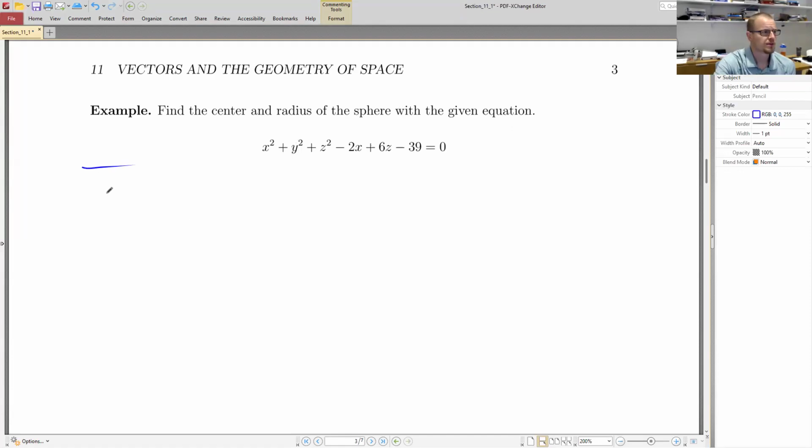So what we want to do is recognize a sphere is a collection of points, of course, that makes sense. We'll call them X, Y, Z, which are a constant distance.